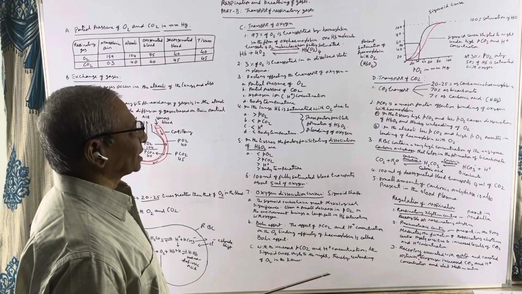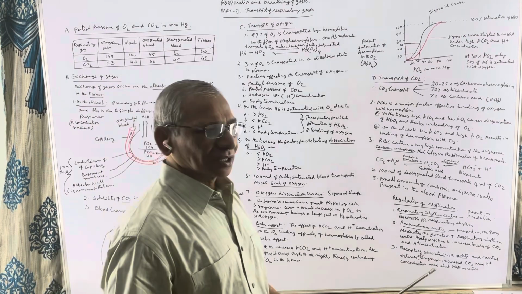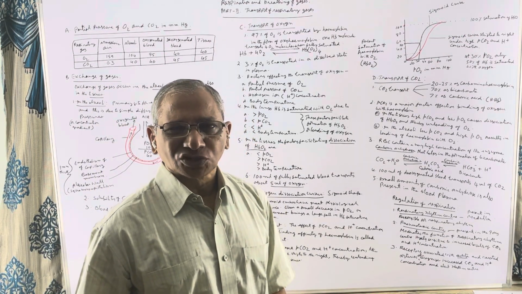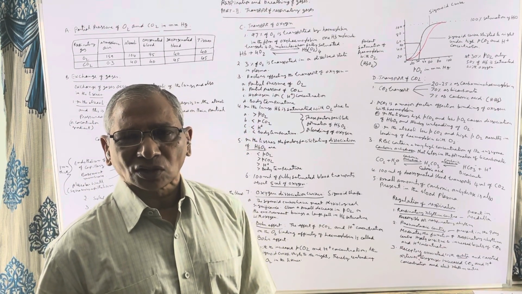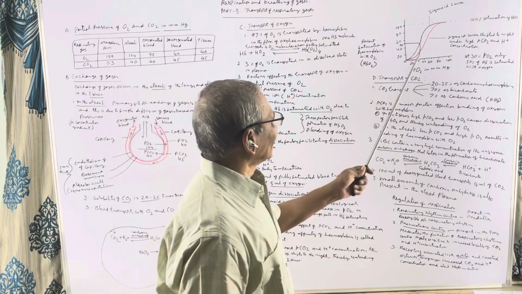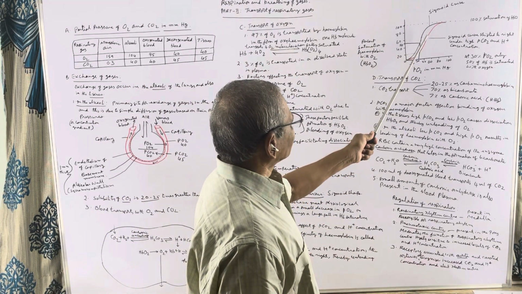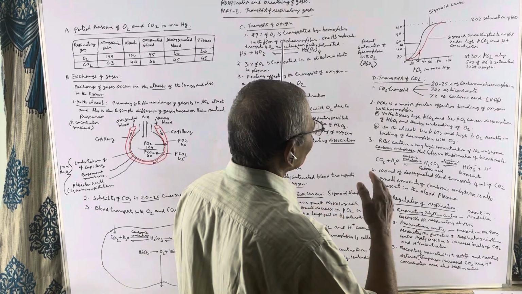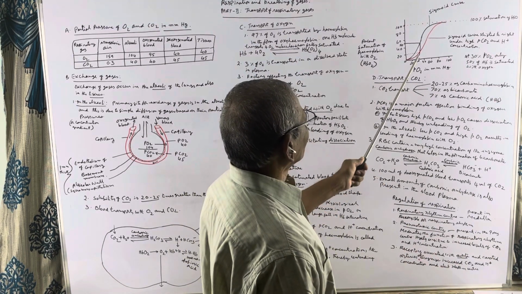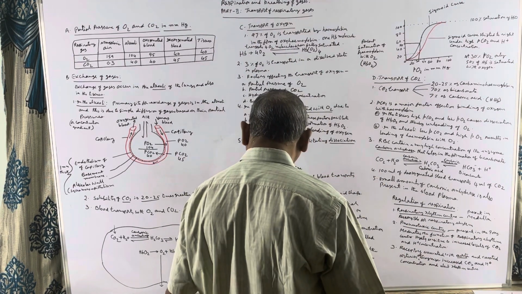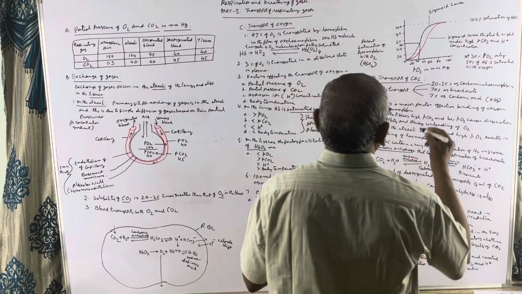One more point you have to remember here. What happens if the PCO2 and hydrogen ion concentration increase? Then the sigmoid curve shifts to the right. You can see here, if it shifts to the right, what happens?